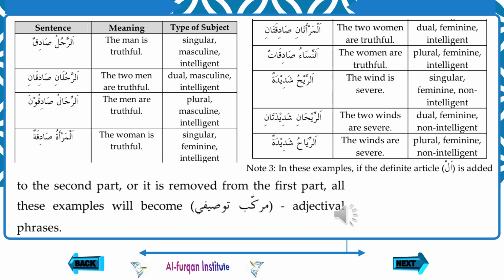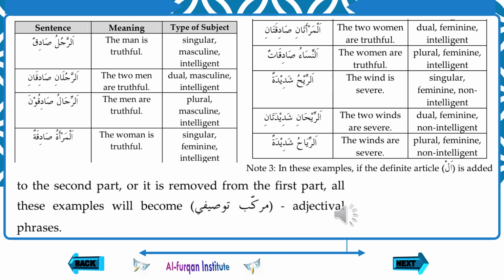Ar-rajulu as-sadiqu, where the subject is definite and the adjective is also definite. And the example of rajulun sadiqun, where the subject is indefinite and the second part, which is the adjective, is also indefinite. So, a truthful man.